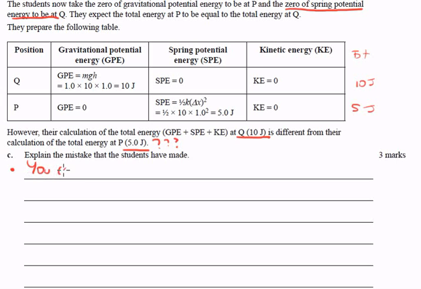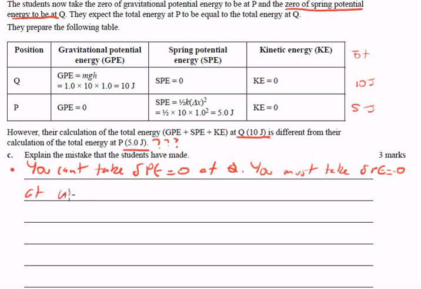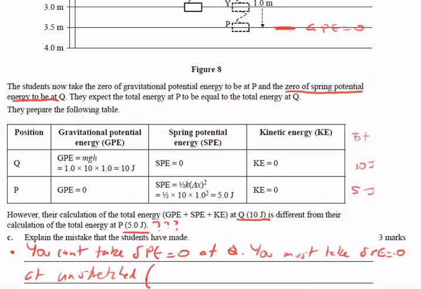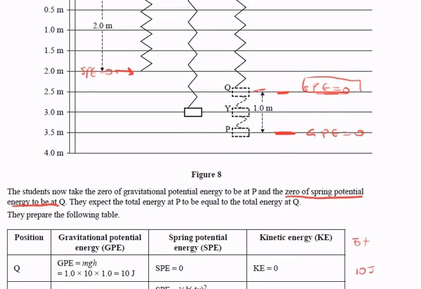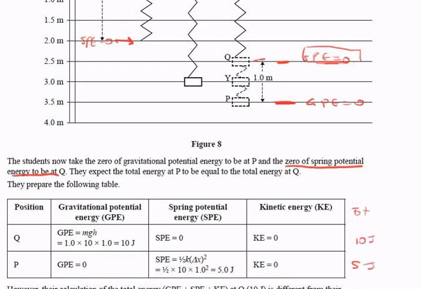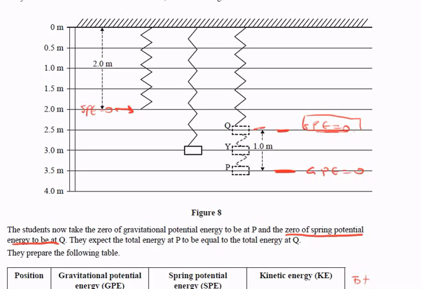So let's write it. You can't take spring potential energy equals 0 at Q. You must take spring potential energy equals 0 at unstretched, really, which is 2 meters.